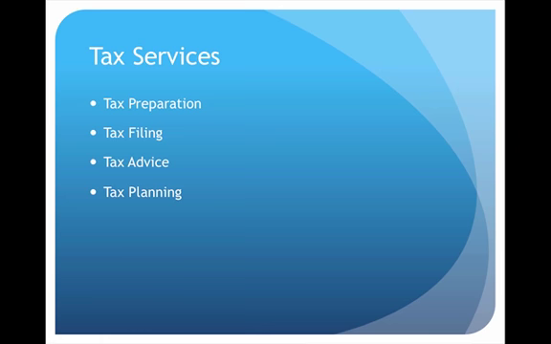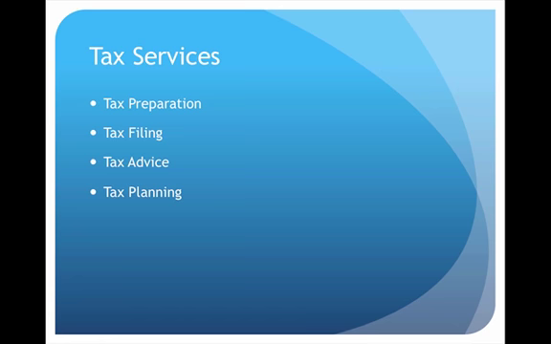An accountant could also provide tax advice and also tax planning. The idea is that decisions that we make in life about purchasing a home or starting a business or getting married this year as opposed to next year, all of these decisions have tax implications.